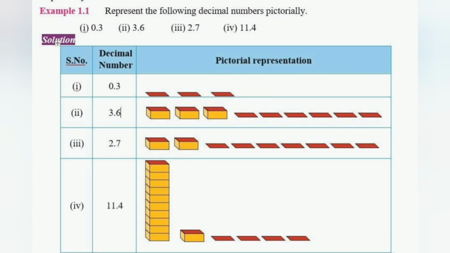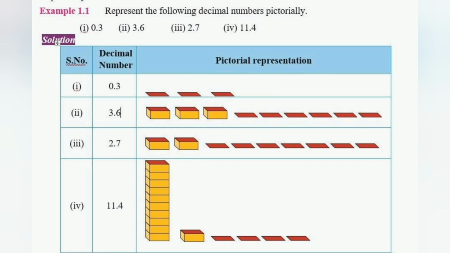You have 3 blocks and 6 square sheets. So we call it 3 ones and 6 tenths, which is nothing but 3.6.